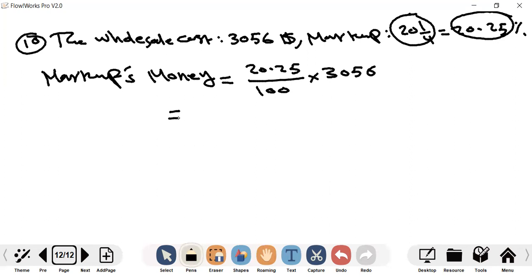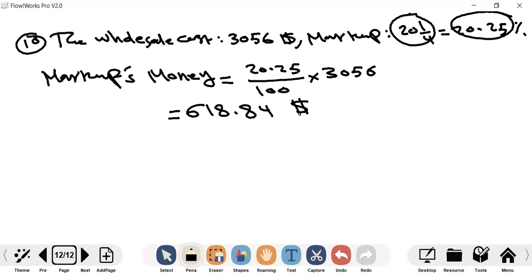Or you can use 20 and 1/4. So 20.25 multiplied by 3056, divided by 100, equals $618.84. This is the markup money, right?